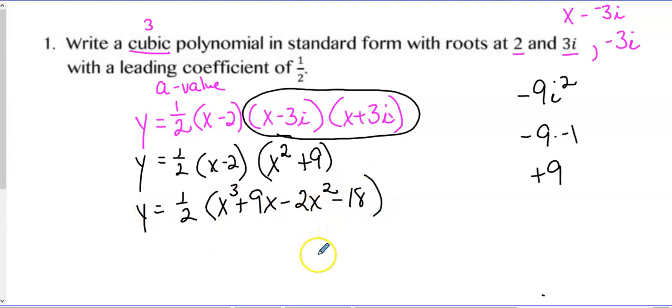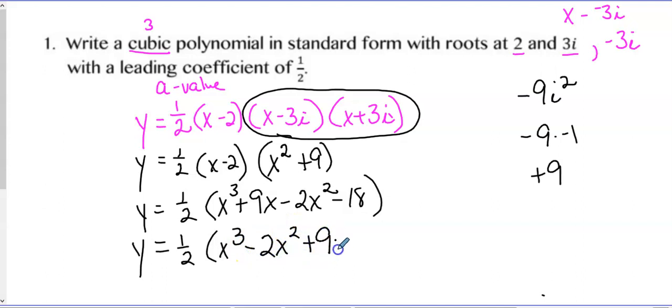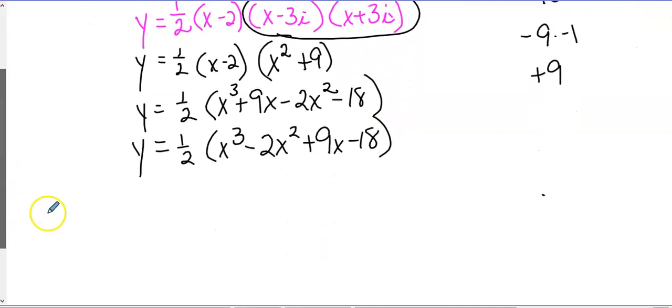Okay, so I can rewrite this in standard form. Then multiply that 1/2 in there, which means just divide everything by 2. So let's see, 1/2 x cubed.